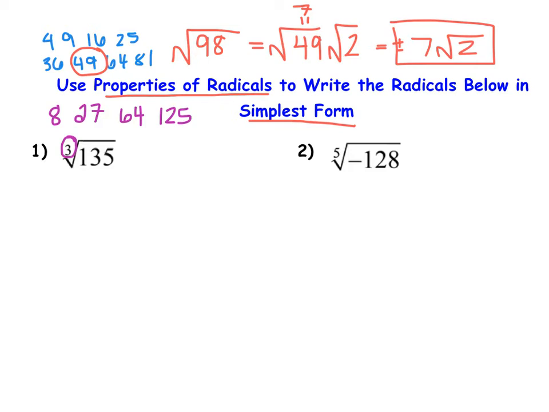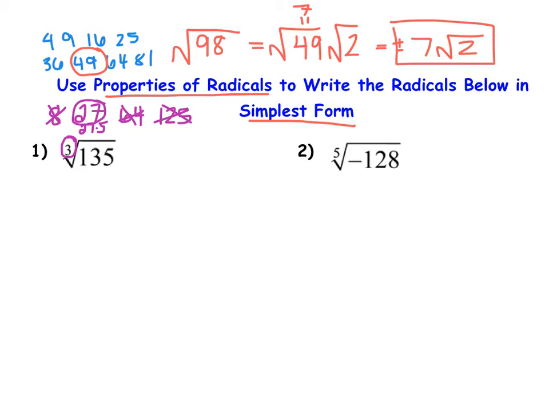Now if I start dividing 135 by these numbers, if I divide it by 8, the result is a decimal, so I'm not going to use that one. If I divide it by 27, it turns into 27 times 5, so that one works. If I divide it by 64, I get a decimal, and with 125, I also get a decimal.